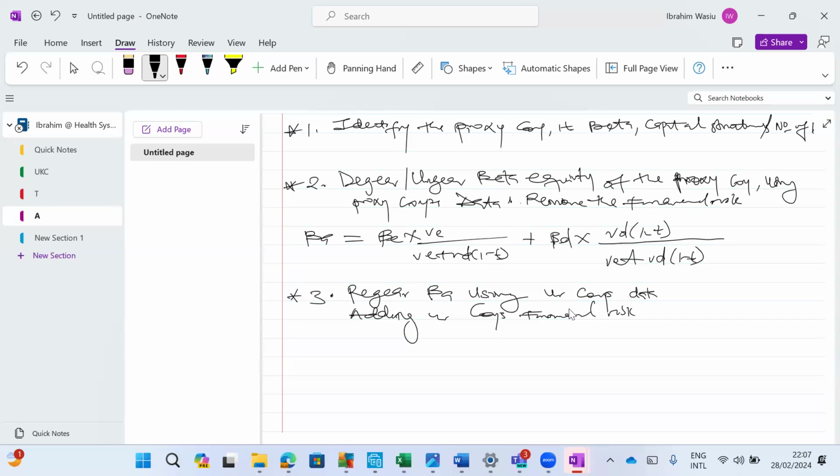So you need to ungear the better equity to get better assets before you can now add your own financial risk to it. That's one of the reasons. Another reason is that what if you don't even want to use debt at all? It's only equity. So you need to go and ungear it for that step 2. But as far as you're going to be using debt to finance it, you now need to do what we call step 3. Are we good?